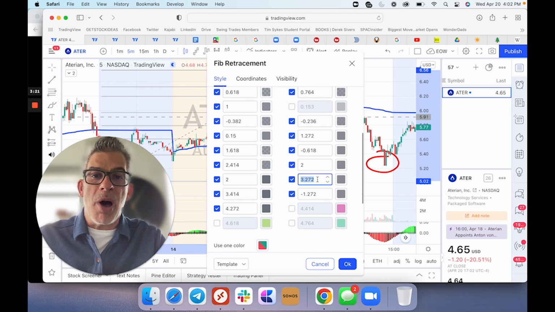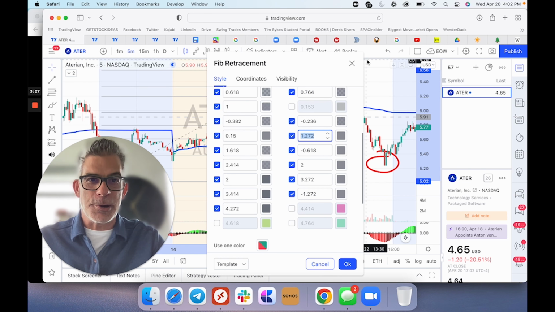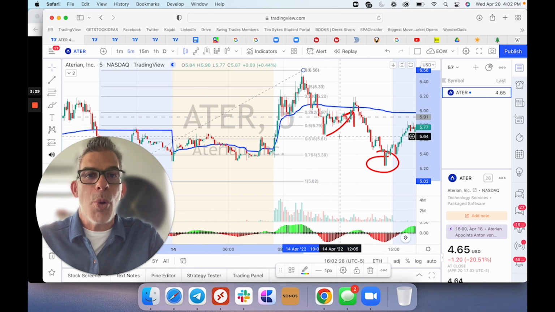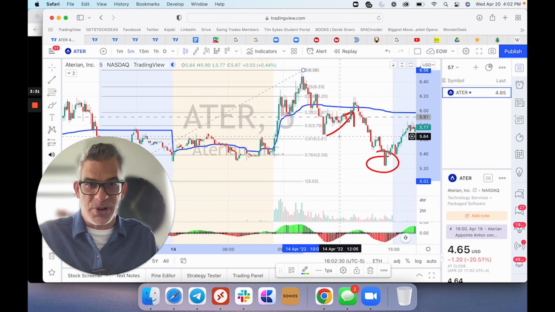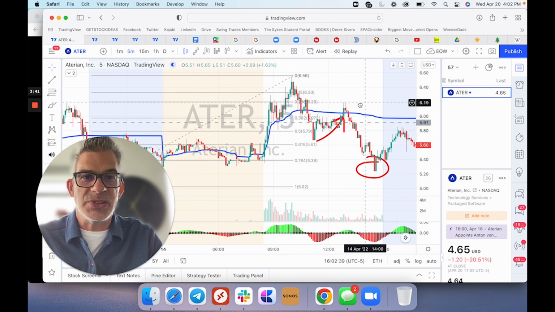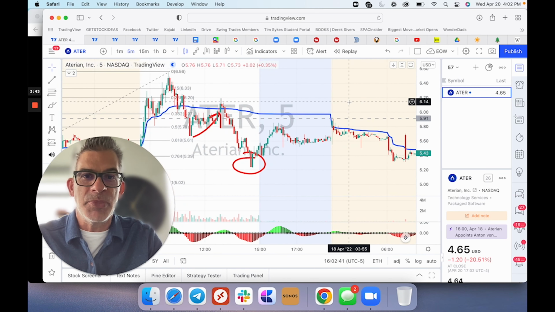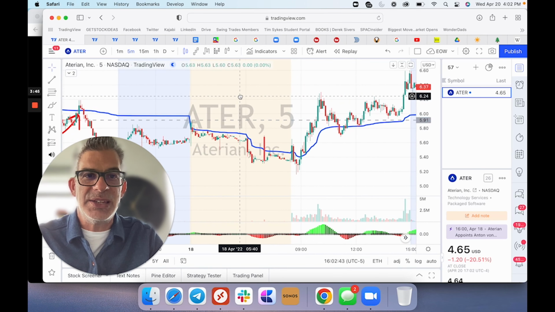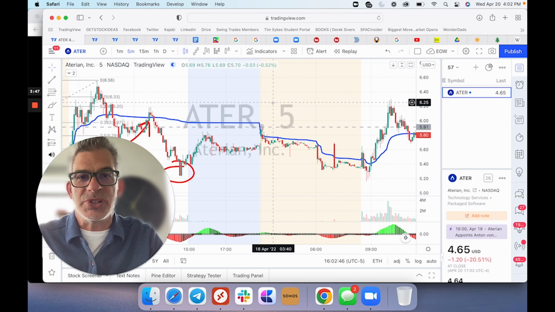But I also put a positive 3.72, a positive 1.272. I added in some levels here that are positive and negative and go outside the boundaries of what a Fibonacci tool usually does. And instead of seeing a pullback area where we want to trade with the trend, I want to look at something different. For instance, if we move forward in time and ATER just stays in this zone, well, that's interesting.